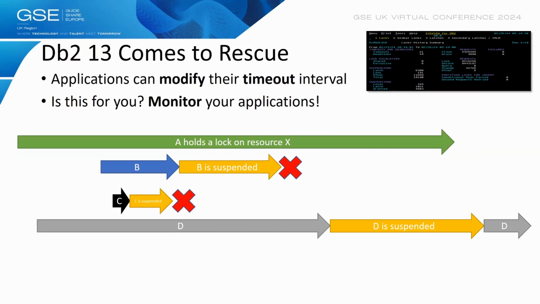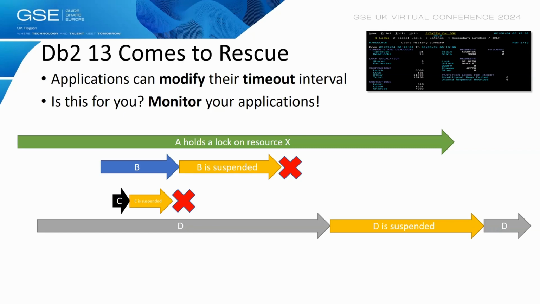For example, my C transaction is maybe a super short one, so it doesn't have to wait for a long time. The earlier I know, the better, so it can wait for a shorter time. The D transaction is long running, so maybe it can wait a bit longer so that A actually releases the lock and I can continue. So the solution here is that applications now can influence this timeout interval.